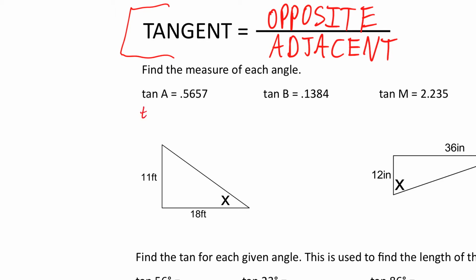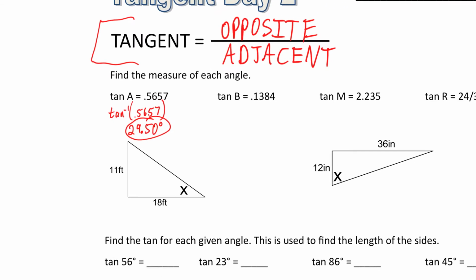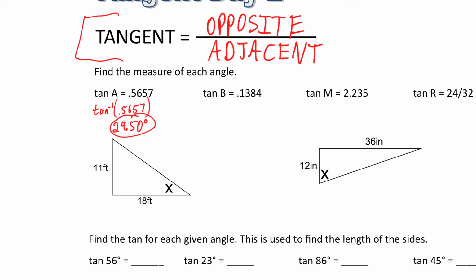So on your calculator, it's going to look like this. Tan inverse of 0.5657. How big is that angle? It's probably around 29.50 degrees. Okay, if an angle has a tangent of 0.1384, how big is that angle? 7.88?